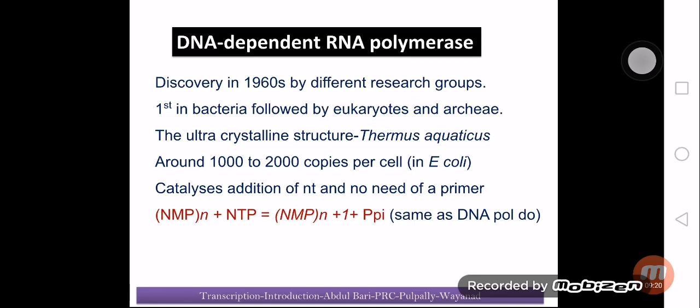That means without a primer, this enzyme can add a nucleotide to a free 3' OH, which is the same reaction as that of a DNA polymerase. The only difference is that the first base can also be added by this RNA polymerase enzyme, which is unique to this enzyme, and that could not be done by DNA polymerase, right?